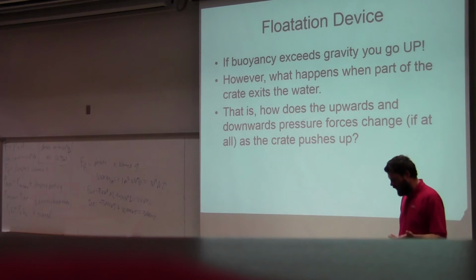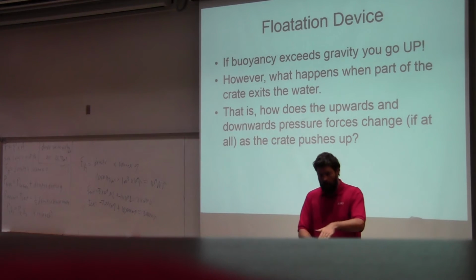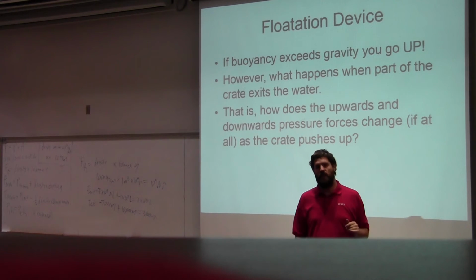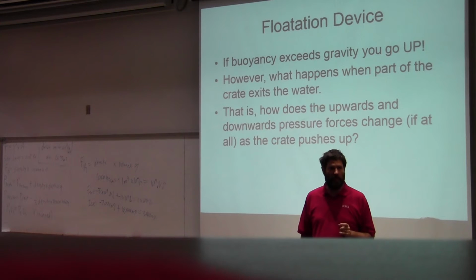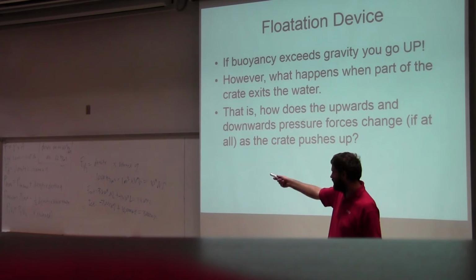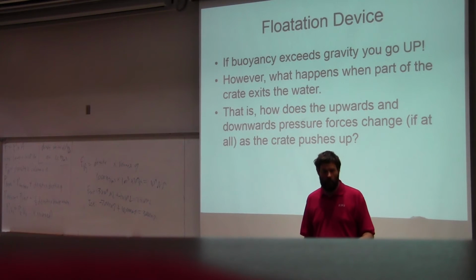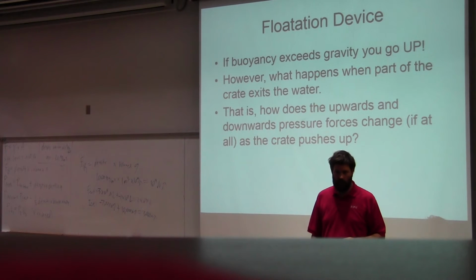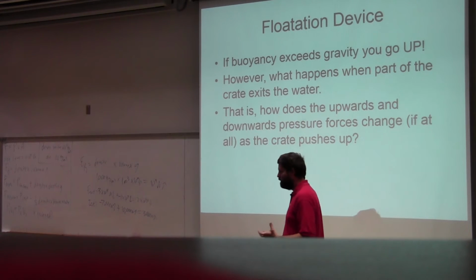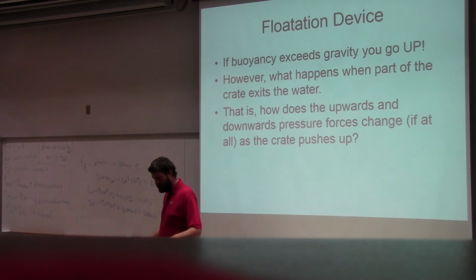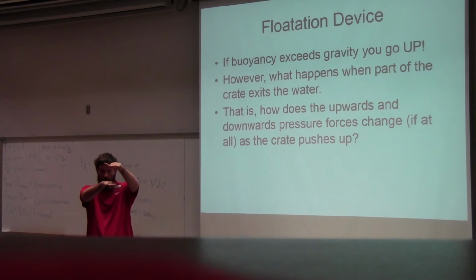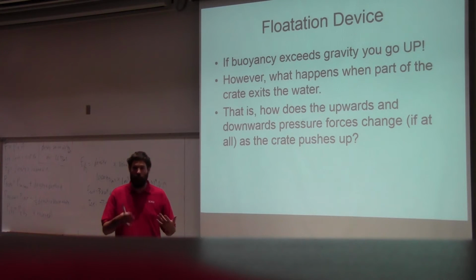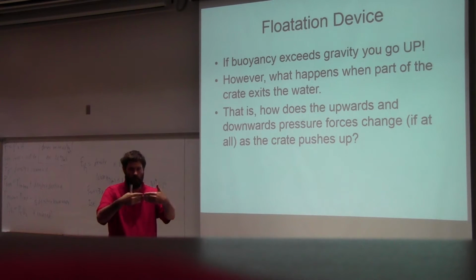So let's think about it. As the ice pokes out of the water, part of it is now displacing air instead of water. Air is so small that we'll ignore the buoyancy force from air. So the buoyancy force is going to drop as the ice comes out of the water. Since the buoyancy force drops and the gravity stays the same, at some point those forces will cancel each other out.